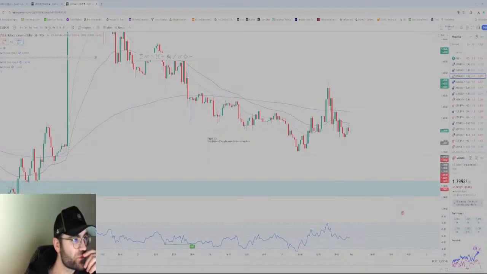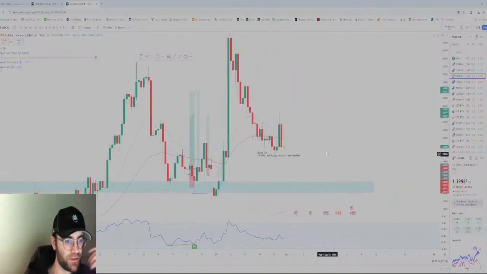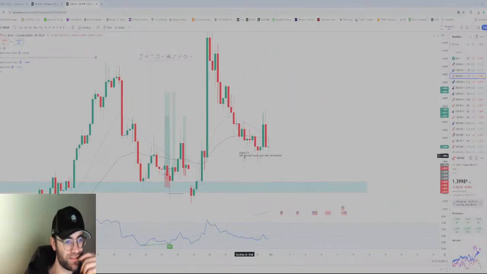Oh yeah, this was my frustration note. Bigger stop losses and take demand zones into consideration.